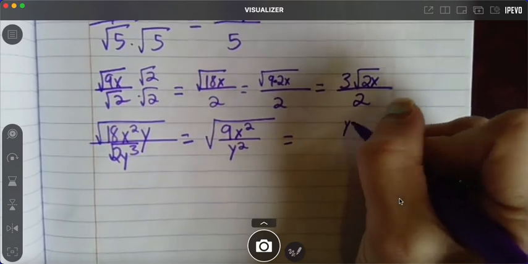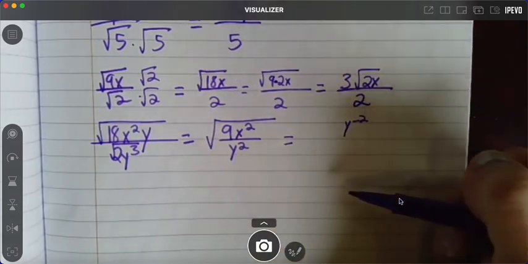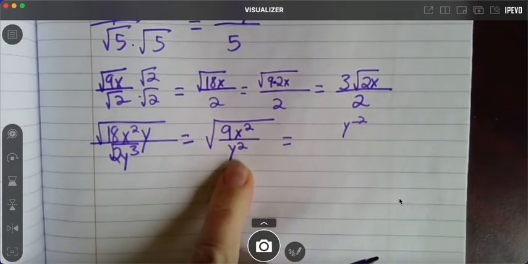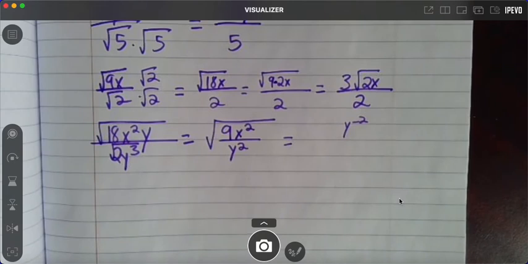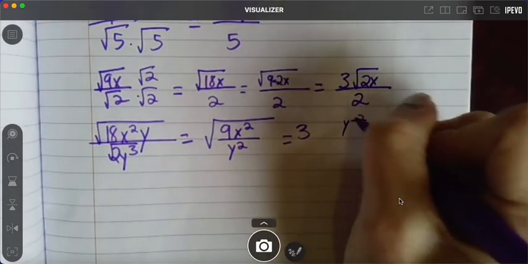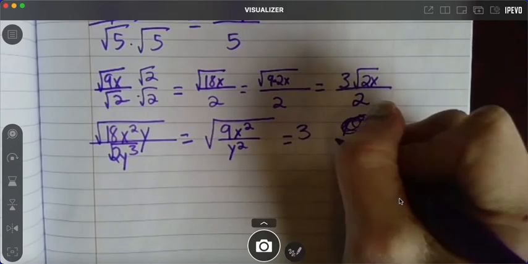And if I have a negative 2 exponent, it must be moved. So there it is. It was moved back to the bottom. Either way, y'all, you can do this several ways. Now, I can take the square root of all that. Oh, so it's just 3x. What is the square root of 9? 3. What's the square root of x squared? X.